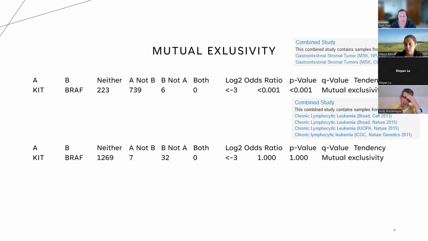Well, I was thinking, because usually CLL patients come to our laboratories with peripheral blood if there is lymphocytosis, and it's easy to detect the recurrent mutations and also the recurrent aberrations in the CLL.